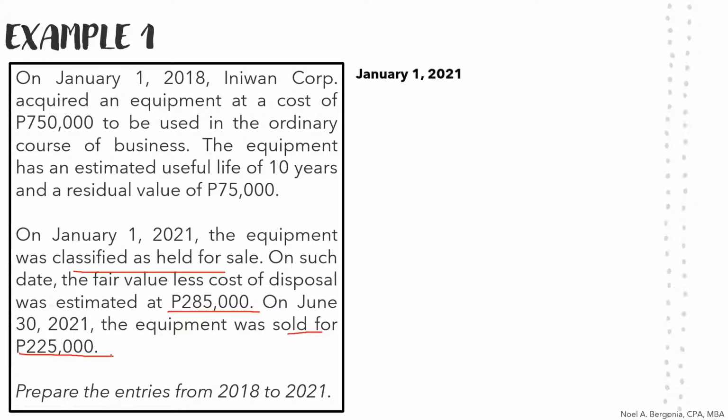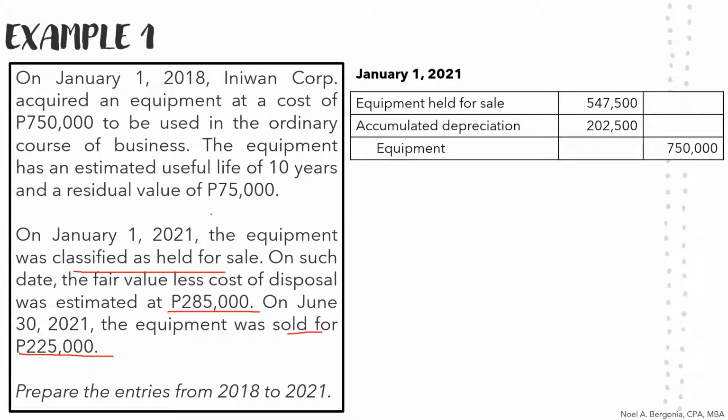So first, on the reclassification ng January 1, 2021, debit equipment held for sale. By the way, dito hindi ko pa ni-recognize immediately as 285 siya ha. Pero kanina class, in December 31, 2020, ang kanyang carrying value ay 547,500. So mamaya magre-recognize tayo ng impairment kasi mas bumaba siya to 285,000.